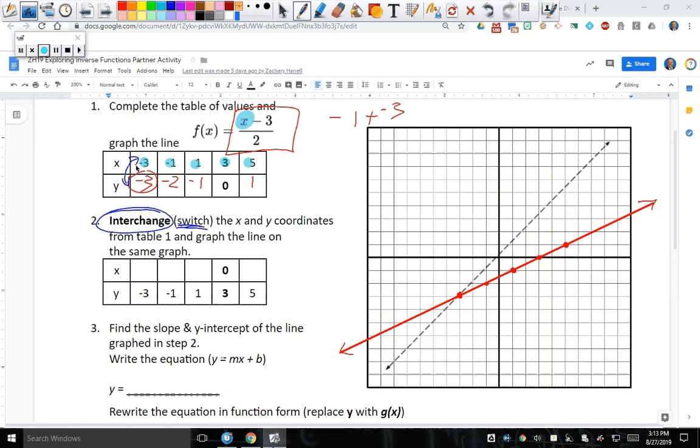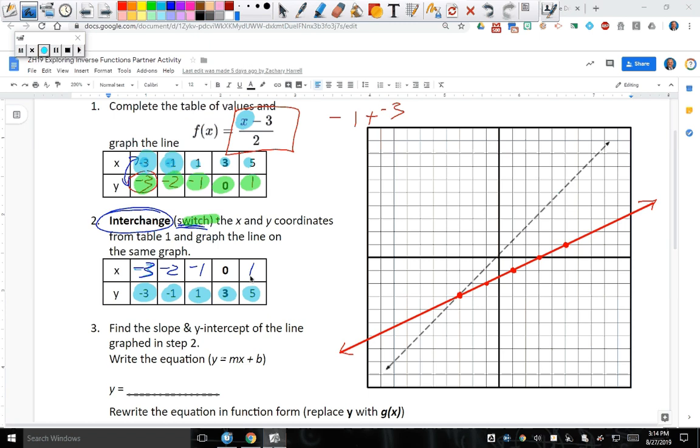What used to be an x right here at -3 is now going to be a y value right here, and so on and so forth. When I switch them, I'm flipping them to get -3, -2, -1, and 1. Any questions before I continue? The very first step of what you're learning today is flip the x and y.